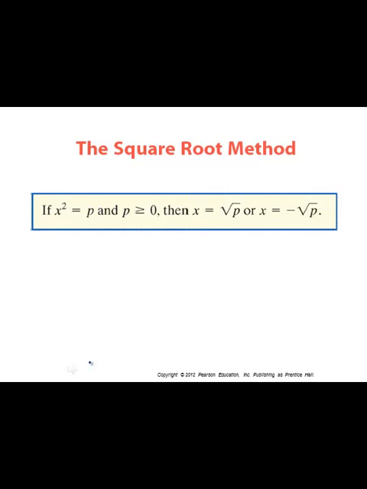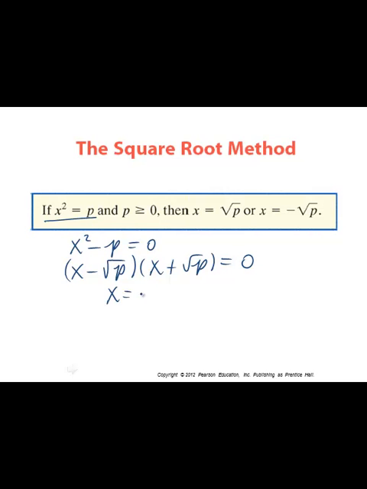Moving along here. Now, if you just have the equation that your variable squared is equal to some non-negative number, such as x squared is equal to p, then you could simply solve this equation by moving the p over to the left-hand side of the equation and then factor this as x minus the square root of p times x plus the square root of p is equal to 0.